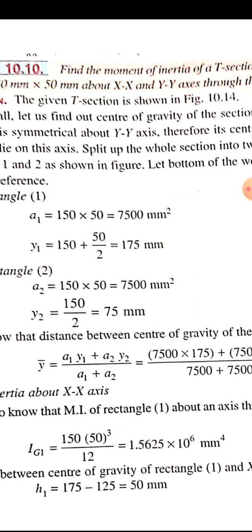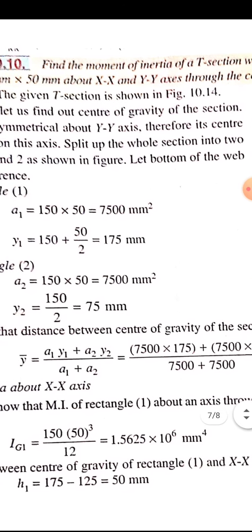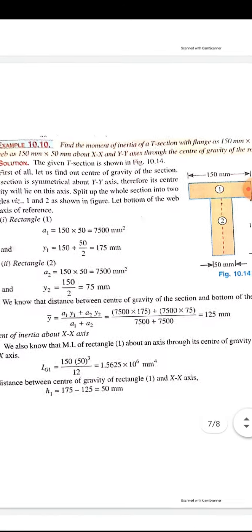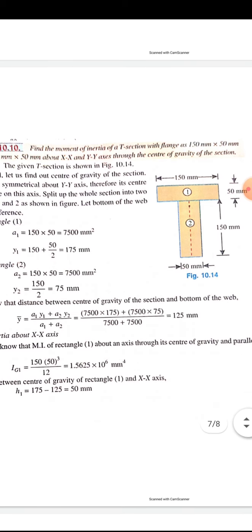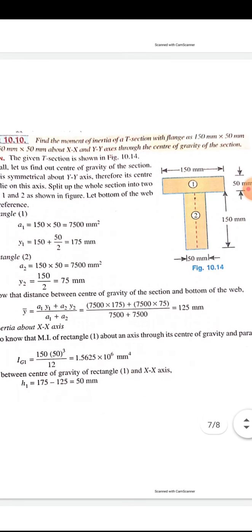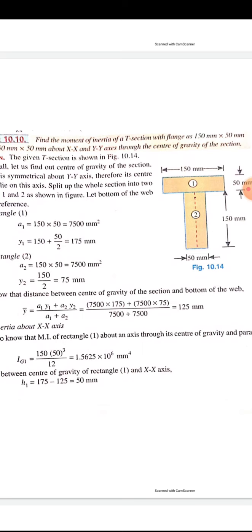Okay, millimeter square is the area unit. Y1 equal to 150 plus 50 by 2, we know the center of gravity, Y1 equal to 175 mm.